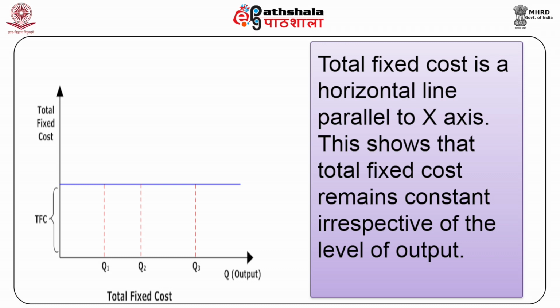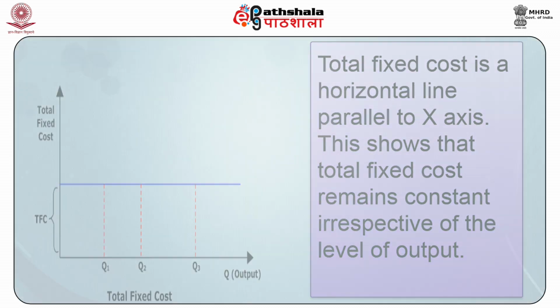Of course, no producer would be going to either extreme, neither 0 nor infinity. In the relevant range, we can say that when the output is Q1, Q2 and Q3, the total fixed cost will be given by the height of this blue line, which is the total fixed cost curve.